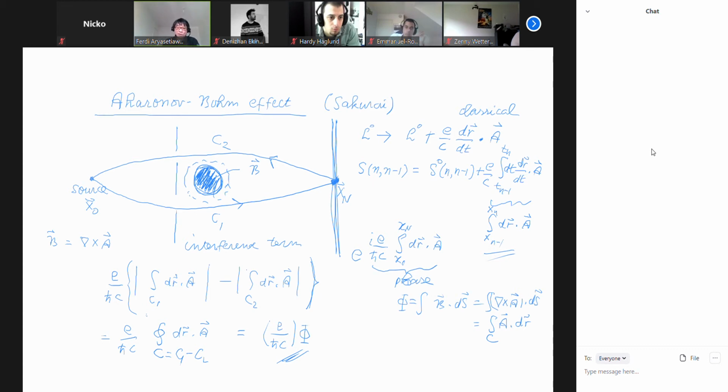You can also solve this problem using the Schrödinger equation. You just solve the Schrödinger equation, but it's a more intuitive thing using the path integral formulation rather than the Schrödinger picture. They are, of course, equivalent. Yes. Thank you.